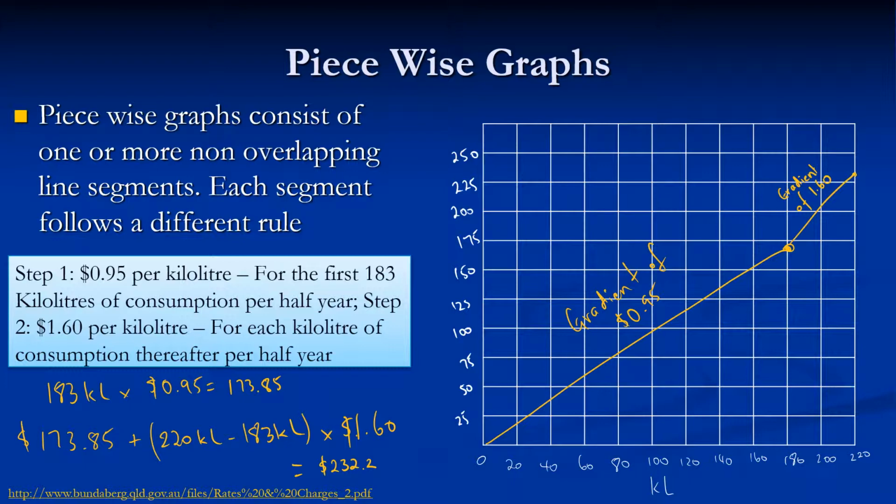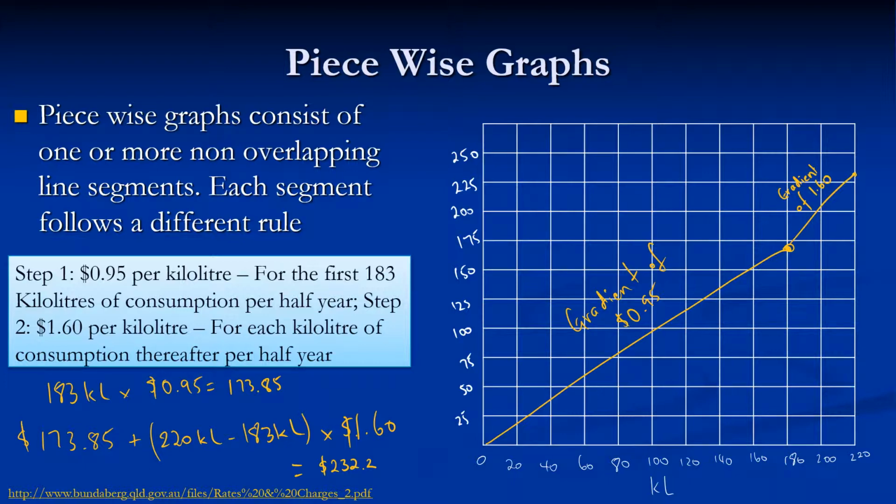So a piecewise graph consists of one or more non-overlapping line segments, and each of these segments follows a different rule. So remember, our first step was 95 cents a kilolitre for the first 183 kilolitres of consumption per half year. And then the second step is $1.60 per kilolitre for each kilolitre of consumption thereafter per half year.